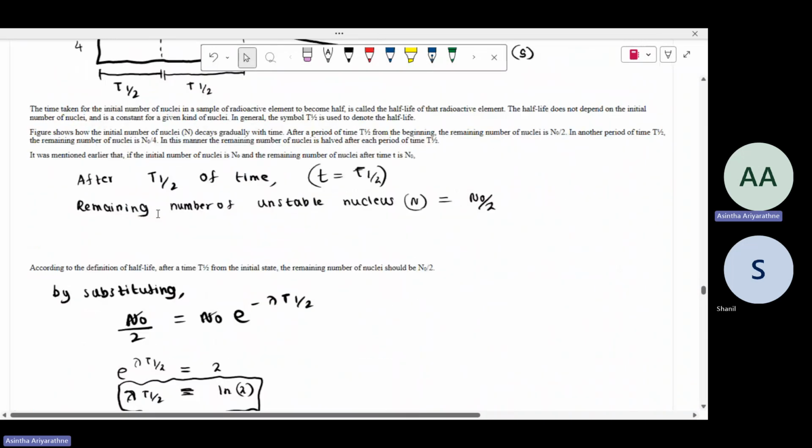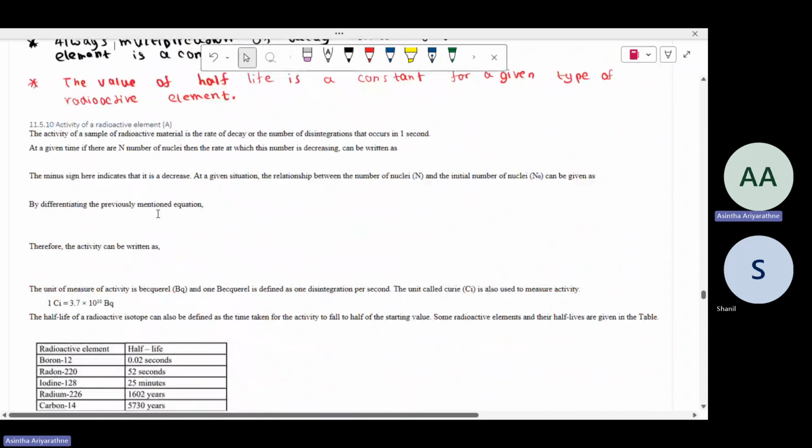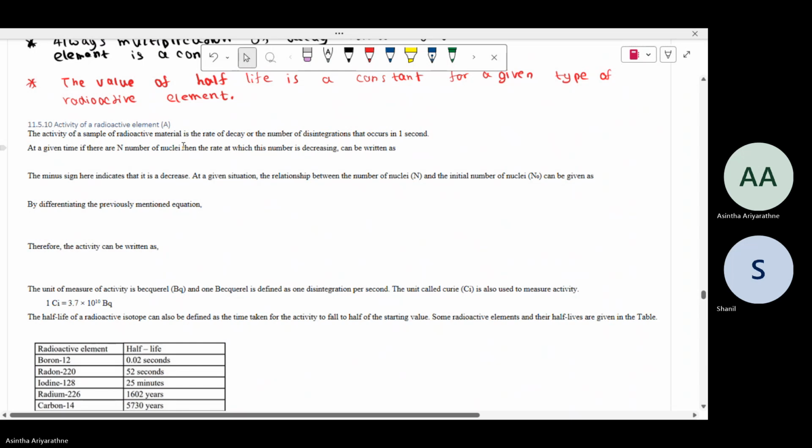Somewhat similar, but there is another definition. So anyway, we have to know about that. So activity is called the rate of decay, or the number of decays that occur within 1 second.